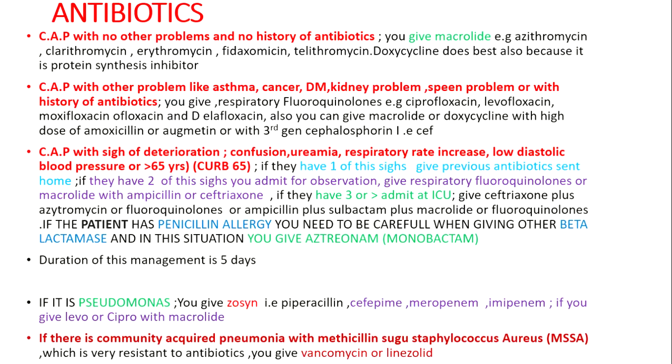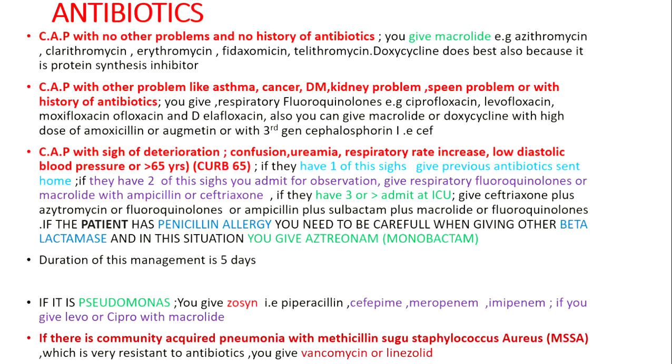Also, you can give a macrolide or a tetracycline, which is doxycycline, with a high dose of amoxicillin or augmentin. So if there are no fluoroquinolones around, you can give a macrolide, or you can give doxycycline with a high dose of amoxicillin, which is amoxil mostly, or augmentin, or with a third generation cephalosporin.